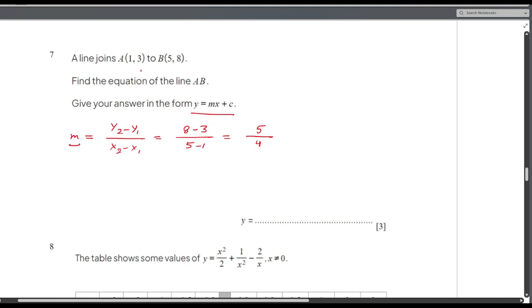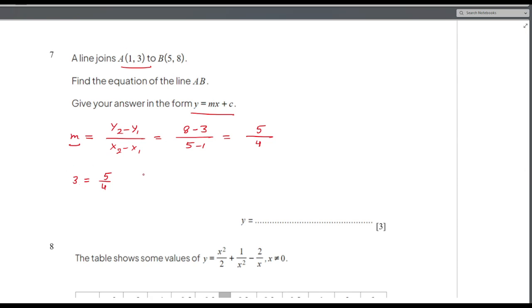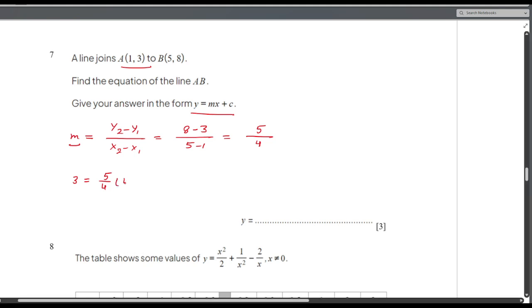Now I will use any of these 2 points. Say I use 1 comma 3. So I will say that 3 is equal to the value of m, 5 divided by 4. Now when I consider y as 3, my x will be 1. So it is 5 divided by 4 times 1 plus c.